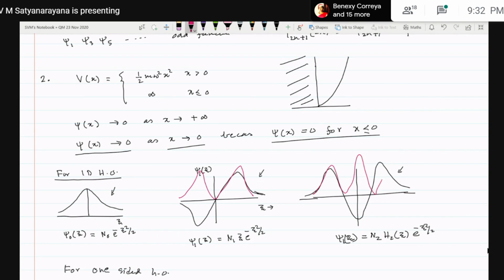So you will see the probability for large n.